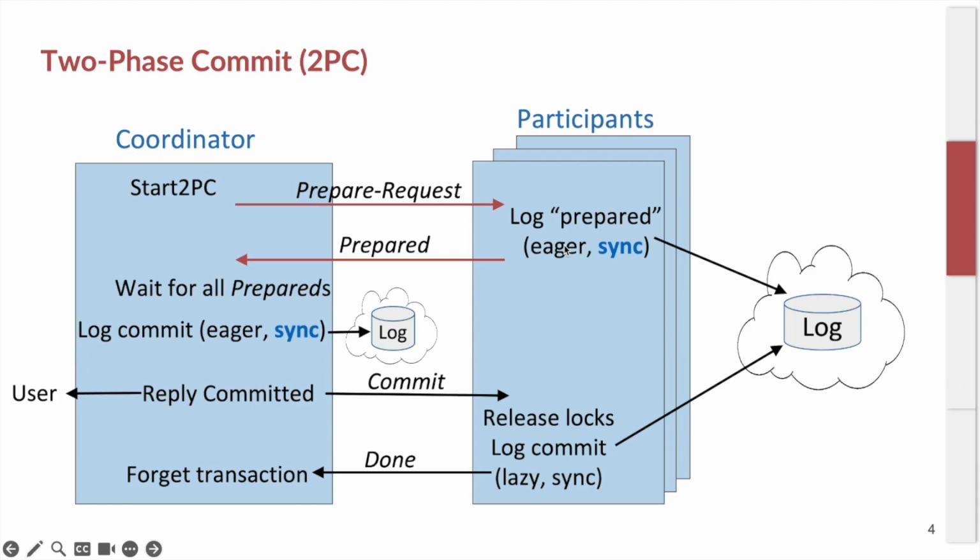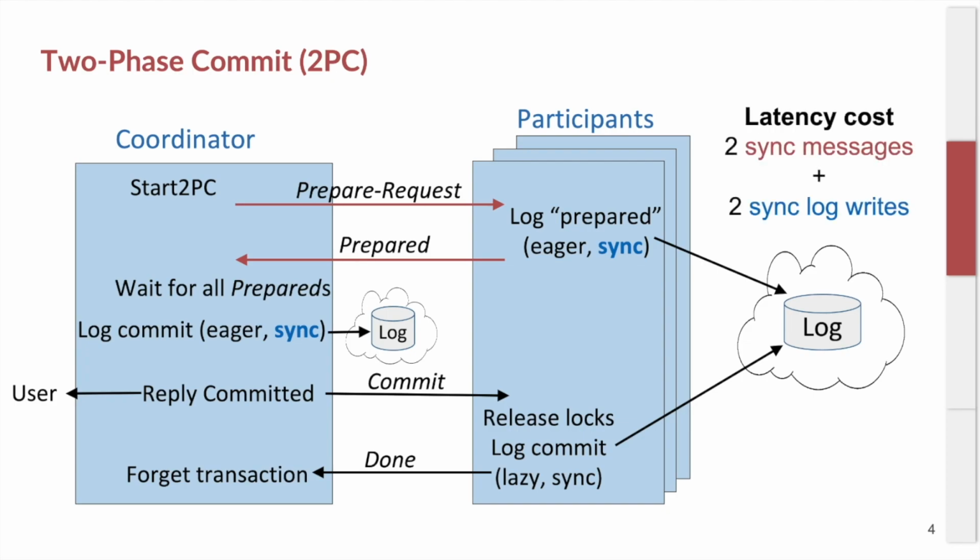However, two-phase commit was originally designed for the shared-nothing architecture, and it suffers from two major problems. The first one is long latency. Two-phase commit requires two network messages and two logging operations. Naively deploying two-phase commit on a cloud storage service increases the logging latency, since the storage service is on the other side of the network.